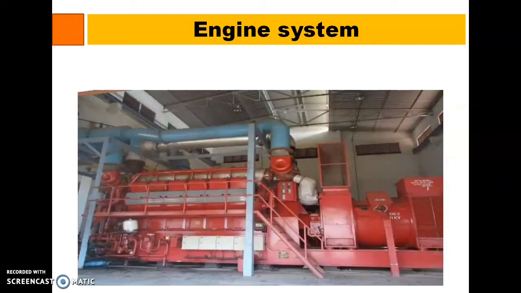It consists of the diesel engine, which is the main part, where the fuel enters and is burned in the presence of air, and ultimately results in starting of the engine, where the engine produces mechanical energy and gives it to the generator to convert it into electrical energy. So this is how the engine system works.